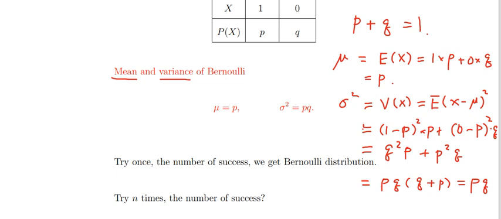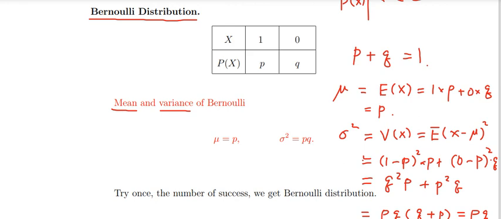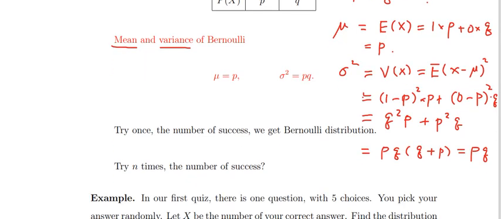So here we can regard this as trying one time: something happening or not happening. Now let's check the general situation. If we try n times, how many good things happen?